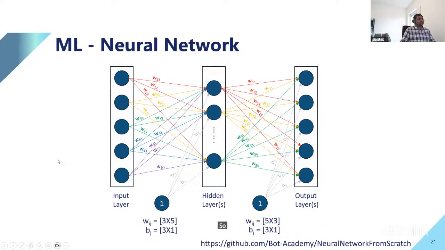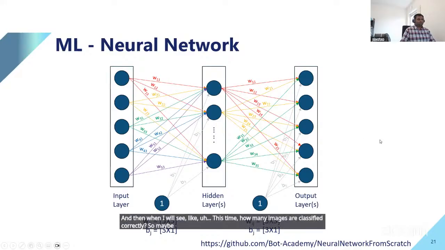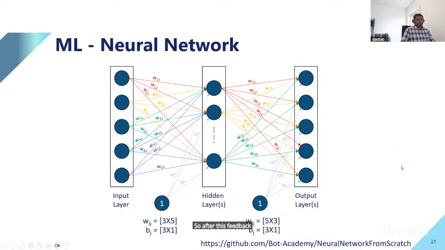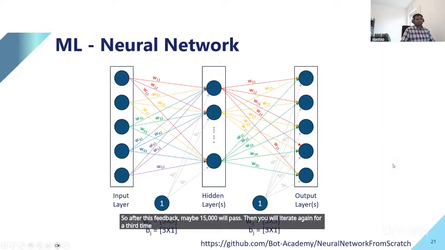So second iteration, again, those 50,000 images will go. And then again, I will see how many images are classified correctly this time. Maybe in the first iteration, out of 50,000, only 10,000 passed. After this feedback, maybe 15,000 will pass. Then you will iterate again for a third time, and maybe 20,000 will pass. Again, same iteration.